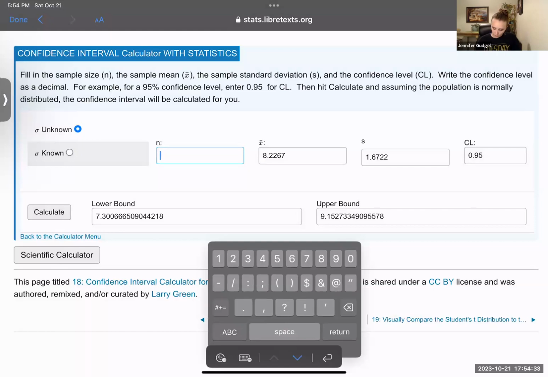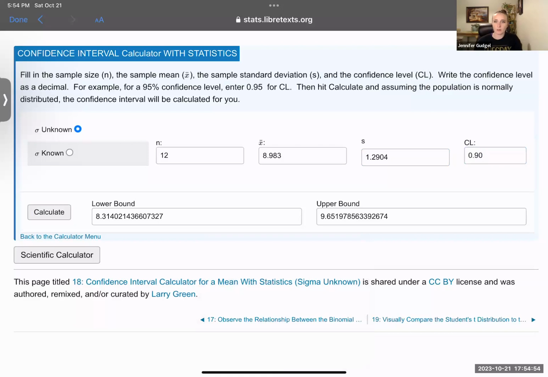N was 12. X bar was 8.983. Little s was 1.2904. And 0.90 for our confidence level.